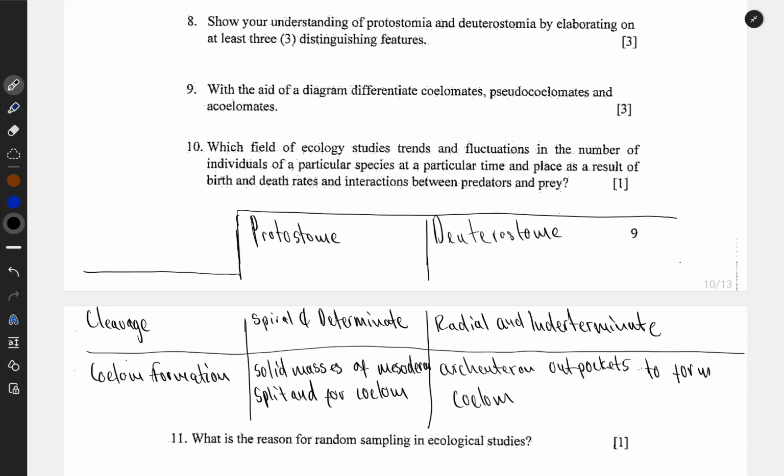So we have the archenteron, which is a wall, which will be like this. It'll be a wall, right? Nice, and it just pinches. So we have a bit of a wall like from here to there. It just folds outside, okay? It folds into some cavity. It forms your coelom, which is surrounded by mesoderm.